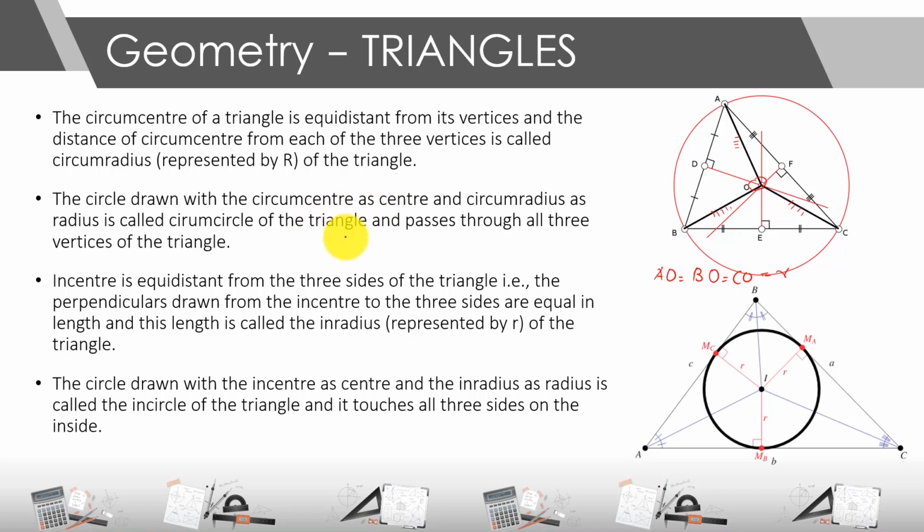So when we create a circle using the circumcenter and joining all the three vertices, that circle is called a circumcircle and the center point is called a circumcenter. The radius of the circle is going to be circumradius. So the terminology is simple. Everything related to perpendicular bisectors will be written as circumcircle, circumcenter and circumradius.